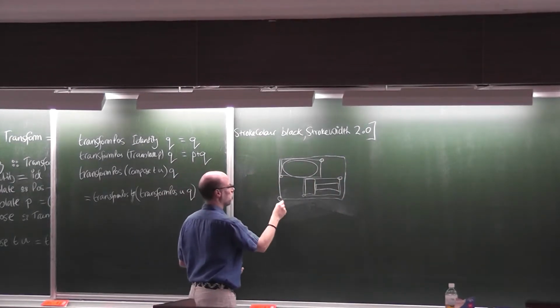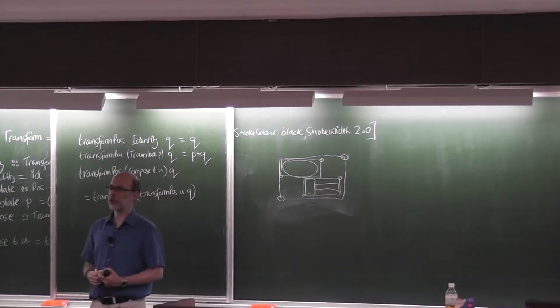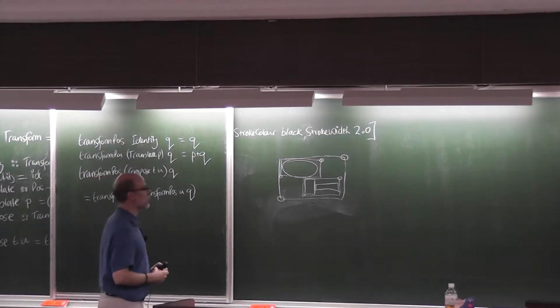And what you need to do is compute this point and compute this point, the lower left corner and the upper right corner. So how am I going to do that?